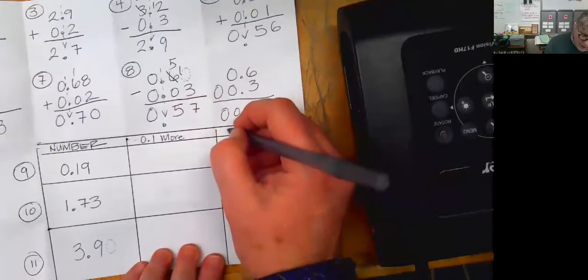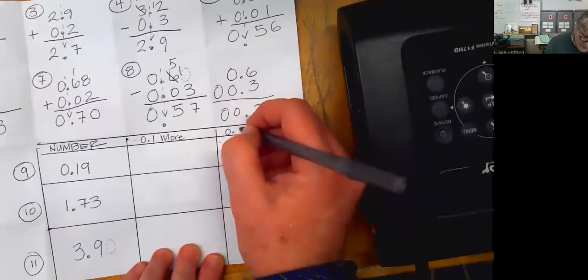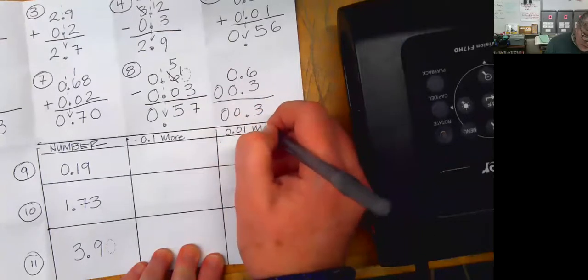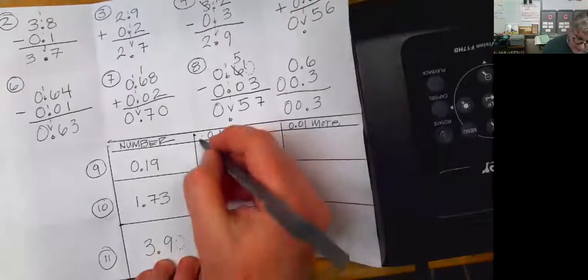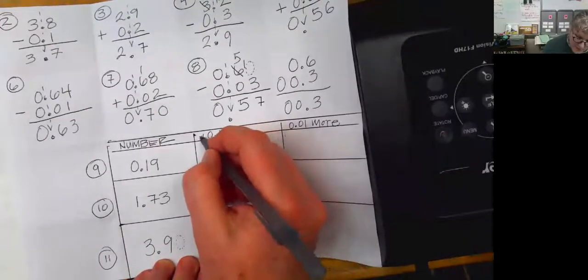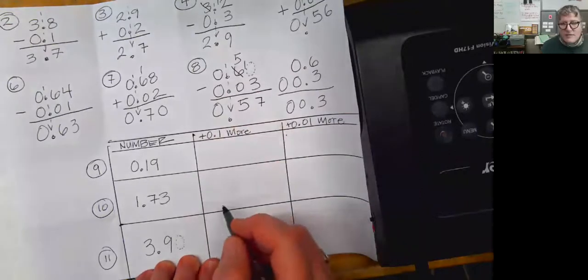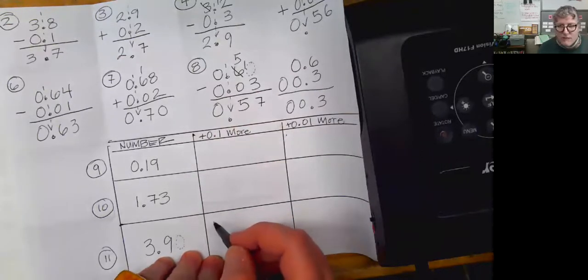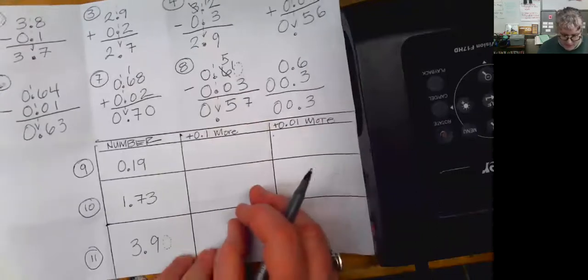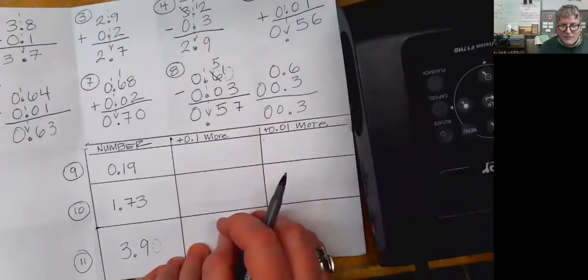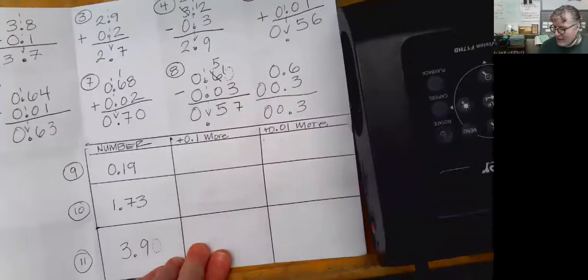This one, we're going to do 1/100th more. Okay, so we're just going to add. That means plus, right? More means plus. If I say, give me more cereal, you give me plus cereal. You don't take it away from me unless I don't say please, and then you might.